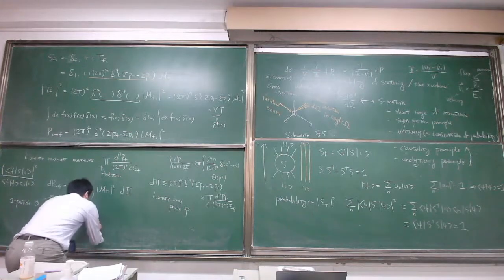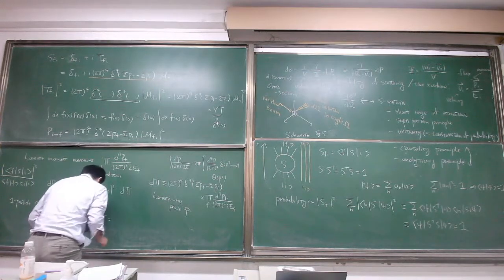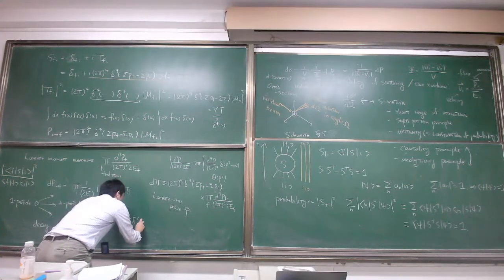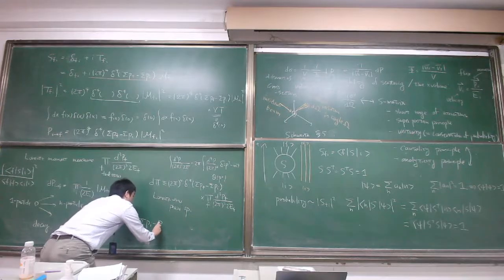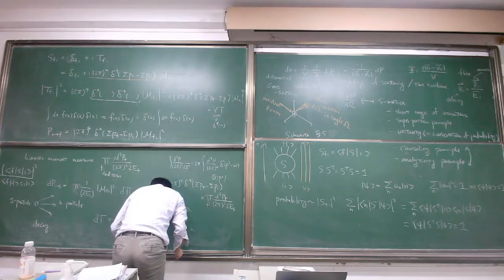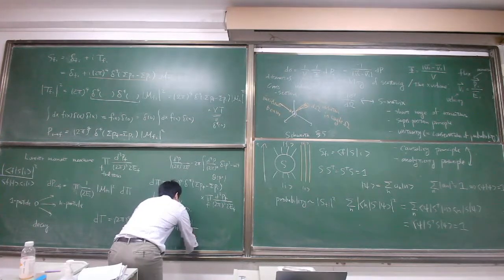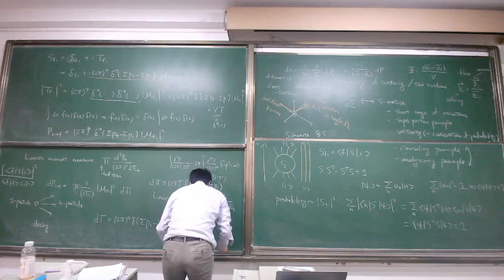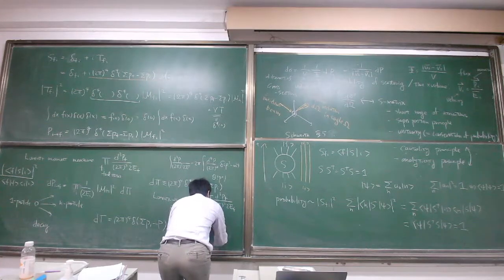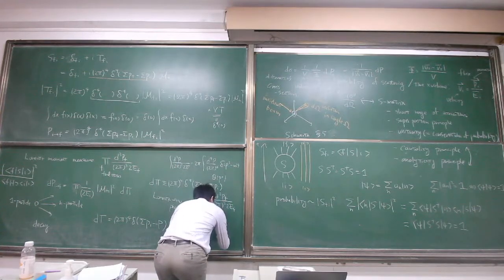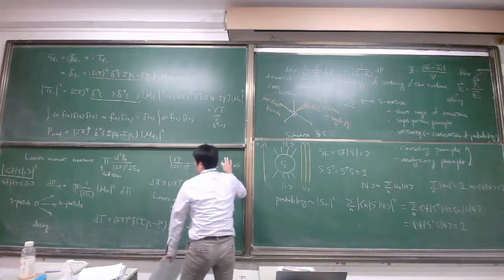So the decay rate is given by Gamma equal to 1 over 2m times 2 pi to the 4 delta of the momentum difference, times |M_fi| squared, times the product of d^3p over (2 pi)^3 2E.